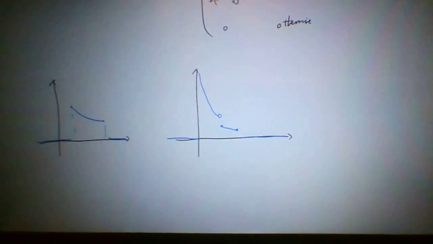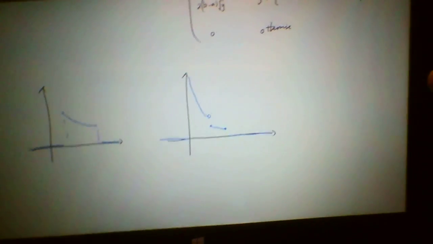Alright, and for the second situation, this one will be half, and this one will be 0. See that?